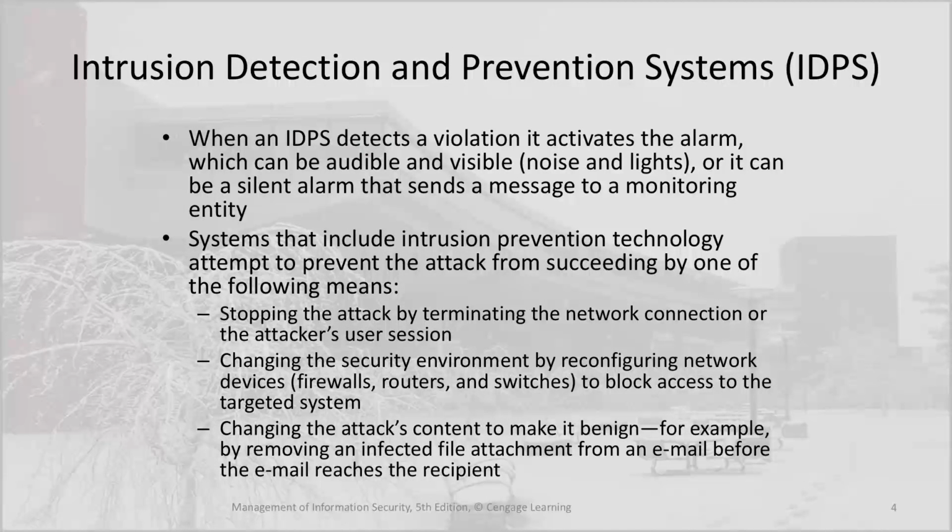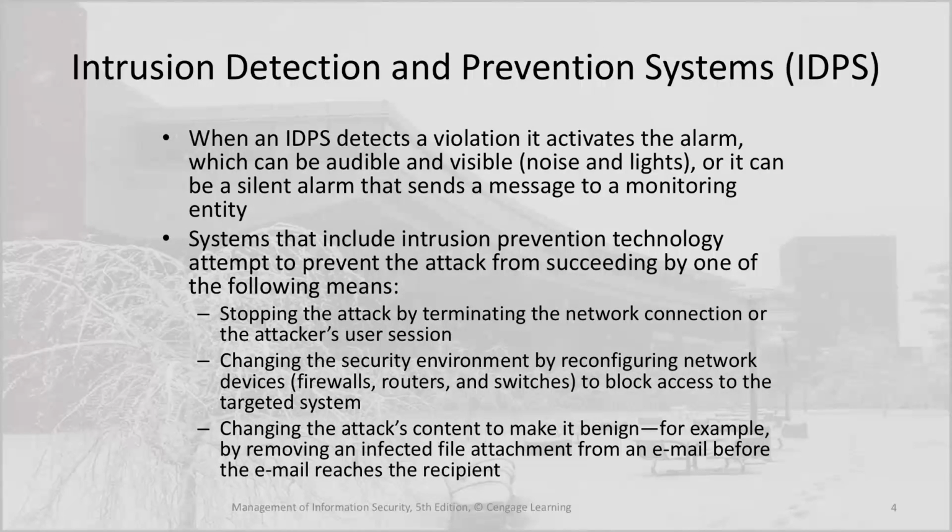When an IDPS detects a violation, it activates the alarm, which can be audible and visible, or it can be a silent alarm that sends a message to a monitoring entity. Systems that include intrusion prevention technology attempt to prevent the attack from succeeding by one of the following means. A. Stopping the attack by terminating the network connection or the attacker's user session.